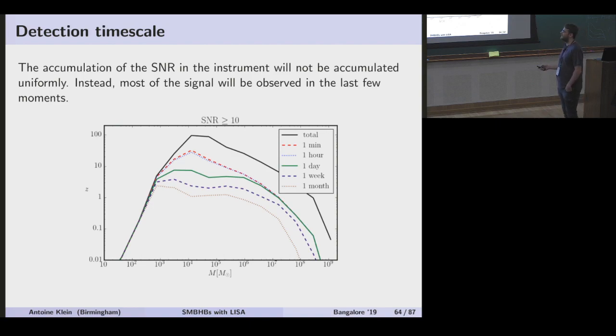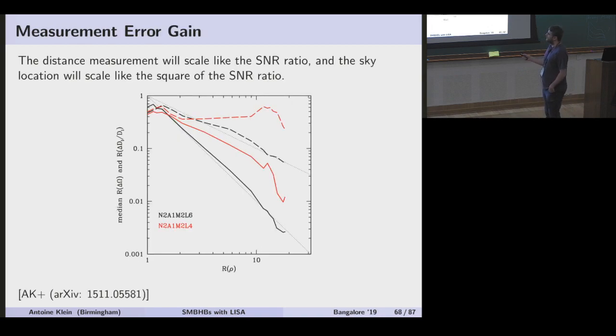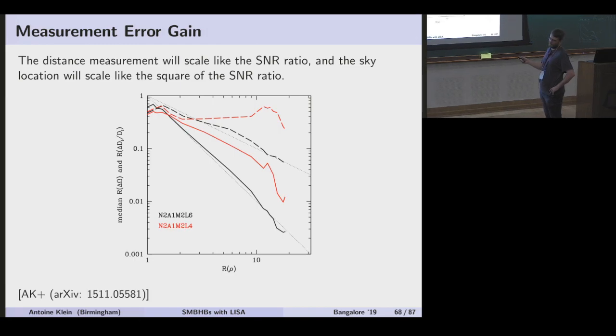That was the improvement in the measurement accuracy. So if you have 10 times more SNR, including the merger, it means you can measure your luminosity distance 10 times better, and your sky location 100 times better.